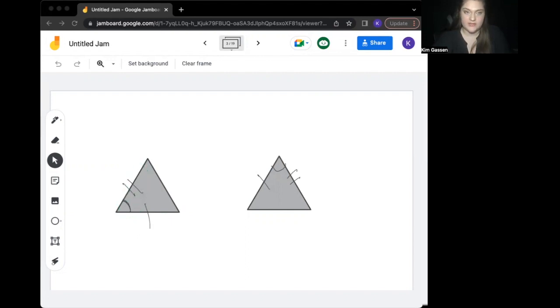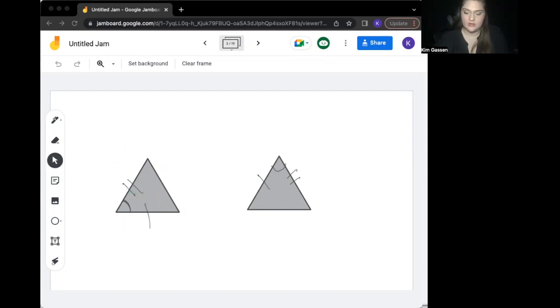And we have the same thing on our second triangle. So which rule is telling us that these two triangles are congruent? Right, that'll be side angle side, because if you go in order, you have one side, one angle, and one side.